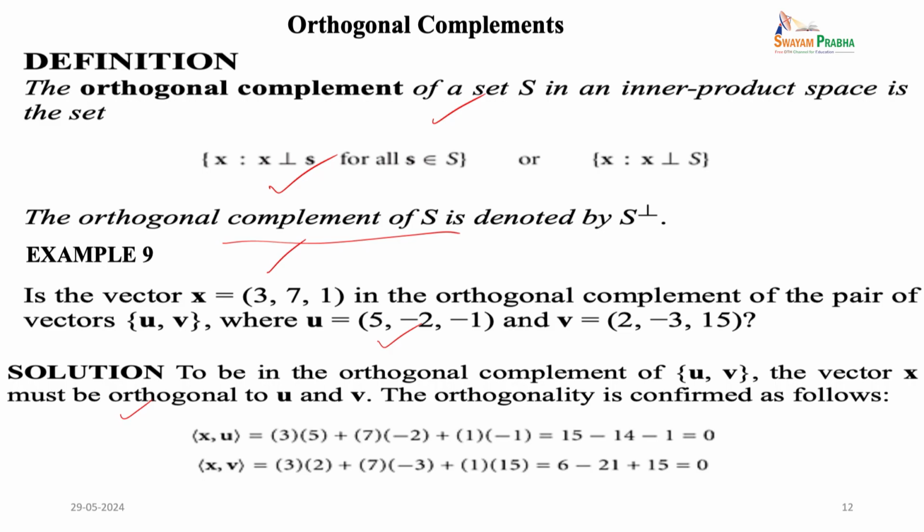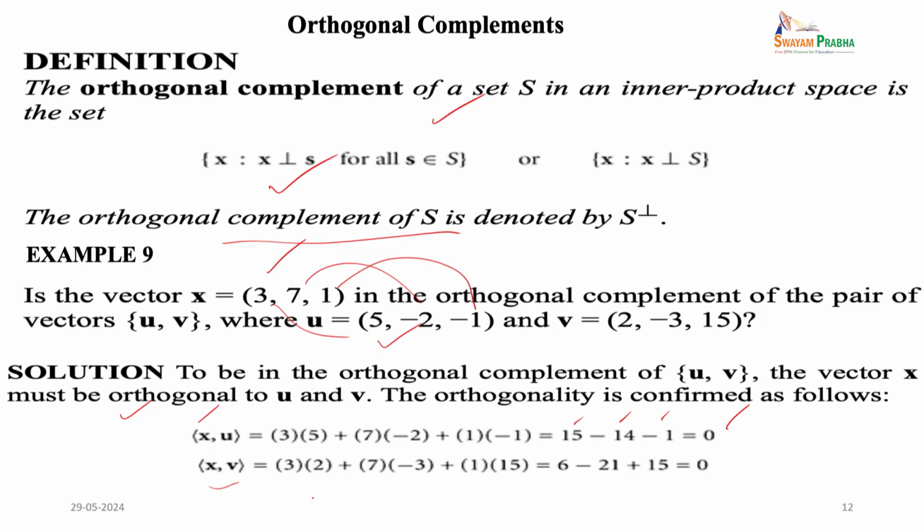Now, the orthogonality is confirmed as follows: x comma u is an inner product, and you multiply the corresponding entries. So, 3 into 5, 7 into minus 2, 1 into minus 1, which is 15 minus 14 minus 1, equal to 0. They are orthogonal to one another.